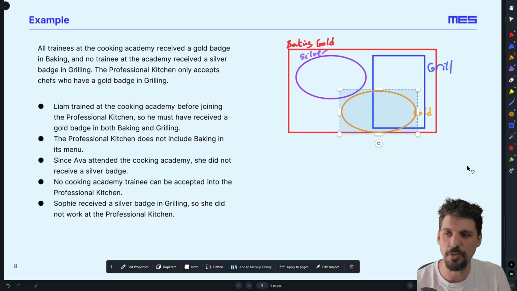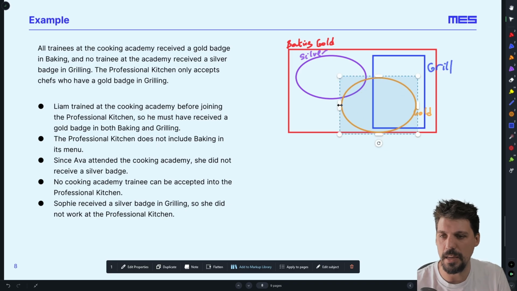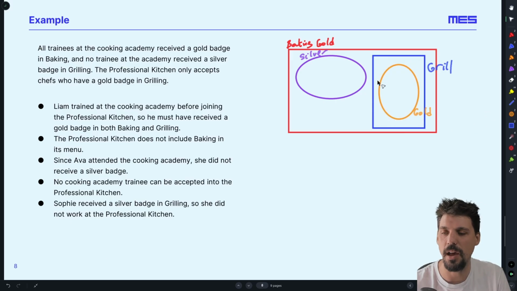But this gets a little bit tricky because you've got a lot going on, because there's gold with baking and so on and so forth. So I'm just saying, look, let's just say that this is a gold in grilling only. So it has to be entirely inside grilling. And then the professional kitchen only accepts chefs who have a gold badge in grilling. Okay.